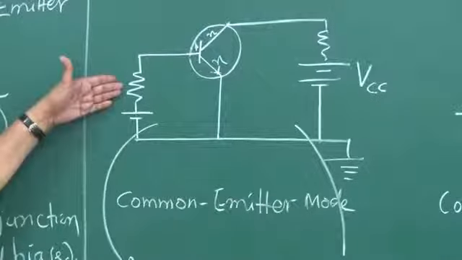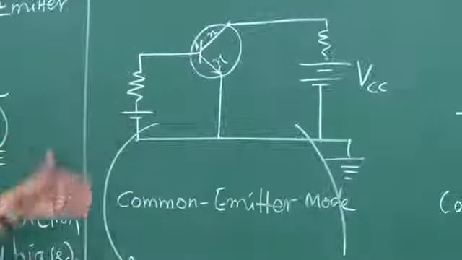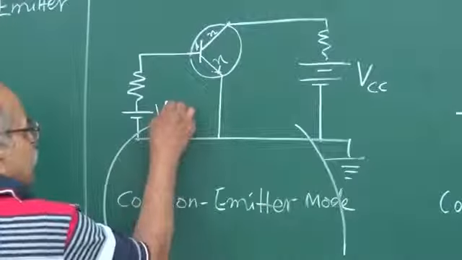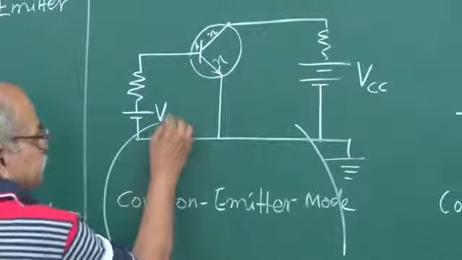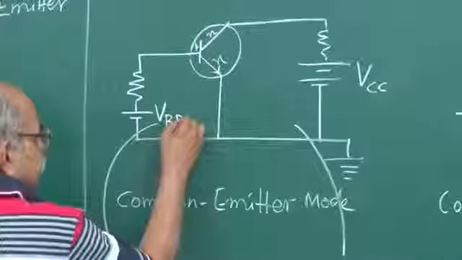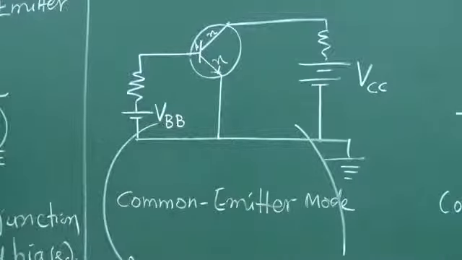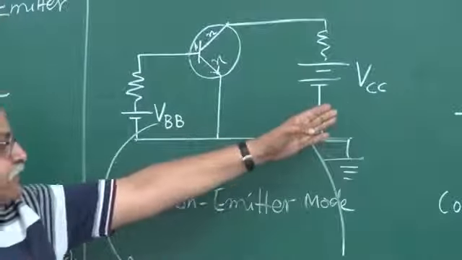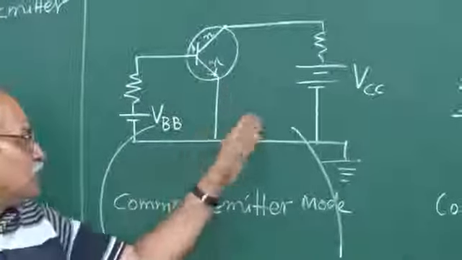And this voltage which is here, that is written as VBB. Why VBB and why VCC? The emitter is common to both.